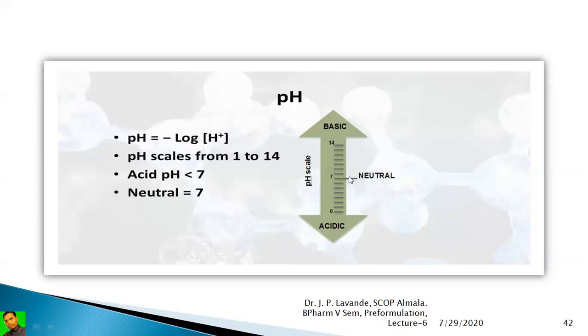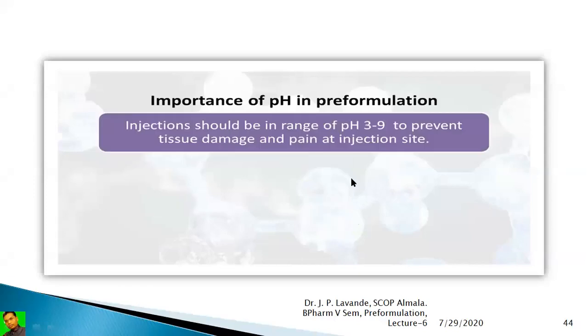Whereas 7 is the intermediate stage, said to be neutral, where there is no blue or red color formation when subjected to the litmus test. So that is the pH scale.